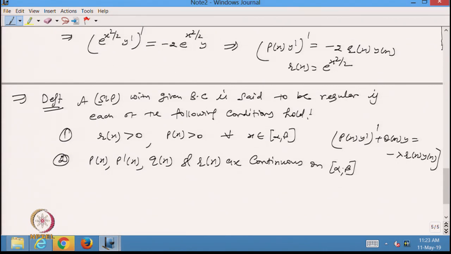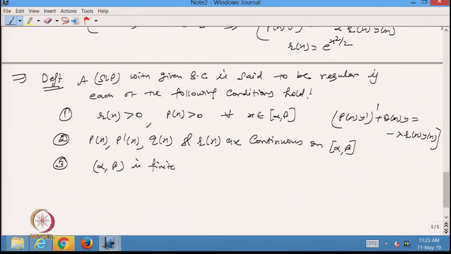The third one is that the interval (alpha, beta) is finite. If you are able to satisfy all these three conditions, then the corresponding Sturm-Liouville problem is called a regular problem.